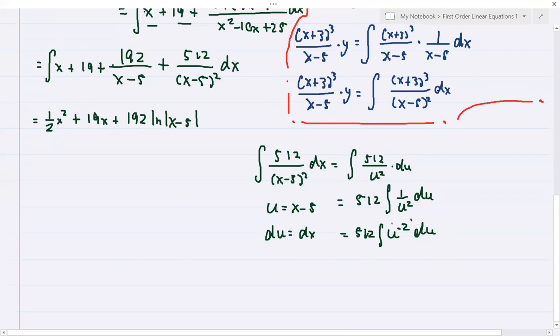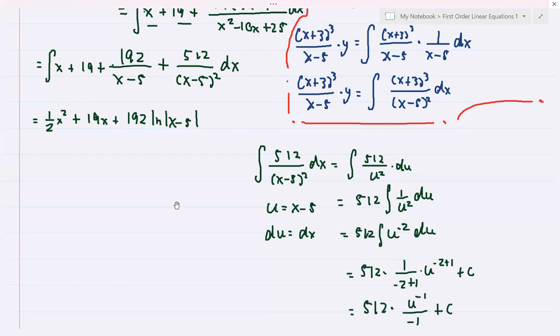Now let's get the integral for this one. So this would be 512 times u raised to negative 2 plus 1, over negative 2 plus 1, plus c. So you will have 512 times 1 times u raised to negative 1 all over negative 1.